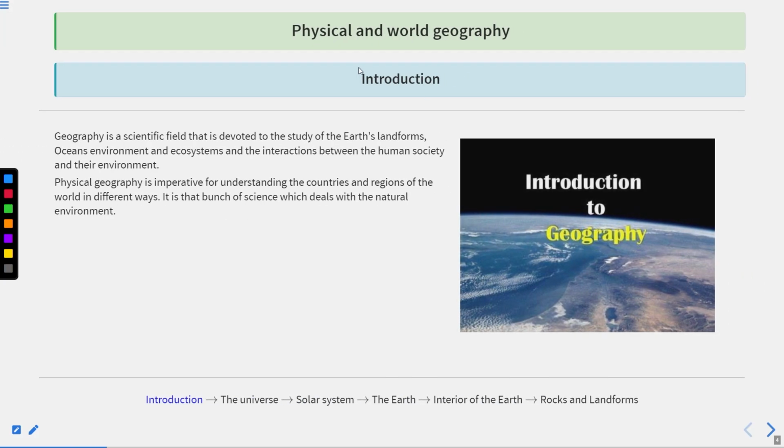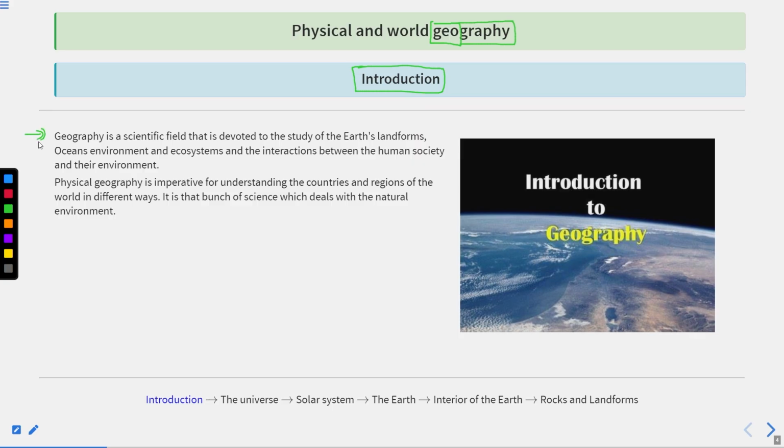Now, let's first have an introduction to geography. What do you mean by geography? The word geography is divided into two terms, geo and graphy. The graphy signifies the field of study, and the word geo signifies the earth. So technically we can say that geography is a merger of two words, which means study of earth.